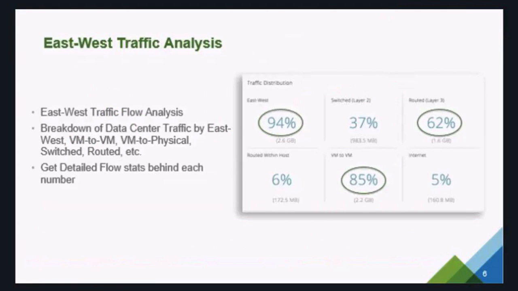For the east-west traffic analysis that we see here, most of our customers are seeing greater than 80% of that traffic remain within the data center. So this example of 94% is not uncommon. And this is where we're seeing a lot of data breaches with some of our customers. They are protecting security at the network perimeter. However, once the perimeter is breached, lateral movement, the east-west traffic of the attack, becomes very easy without using microsegmentation.